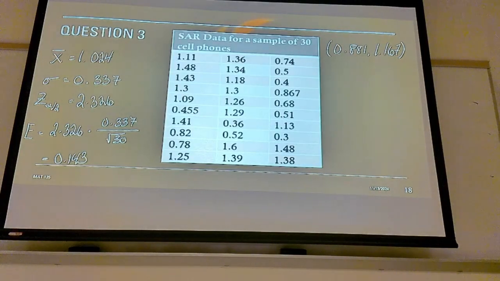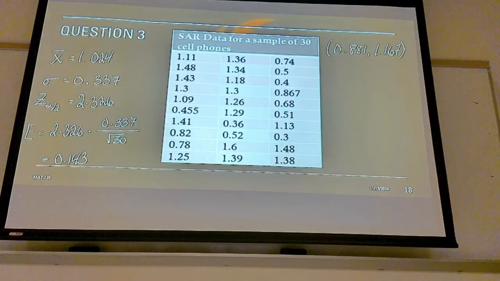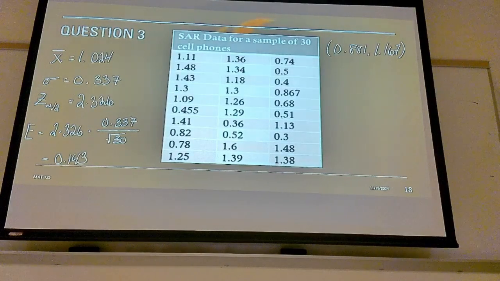So we can be confident that the true mean is, well, that's good news. The cutoff is 1.6 for validation, so that's good.